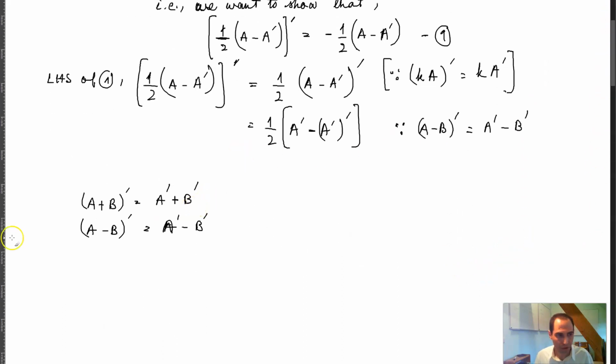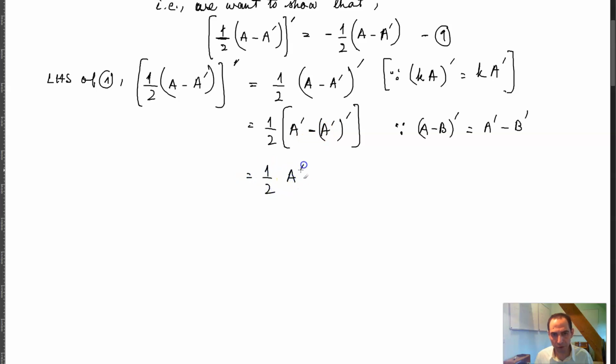And now I can write this as basically 1/2 of (A prime minus A), and that is because A prime whole prime is equal to A, right? And so that is the same thing as 1/2 of (A prime minus A).